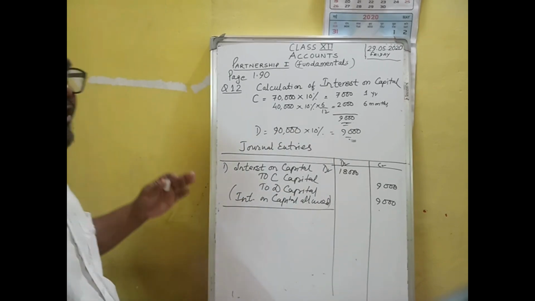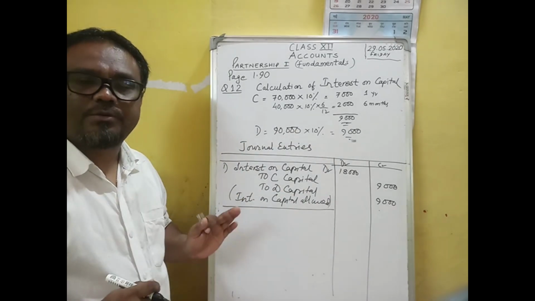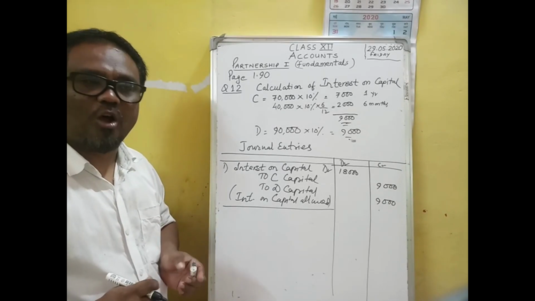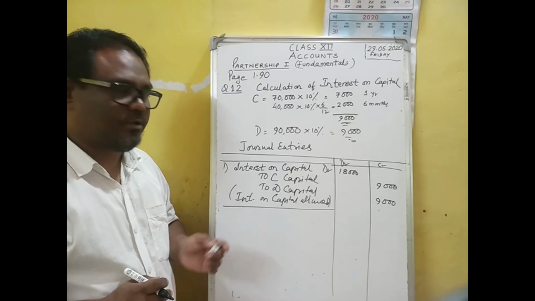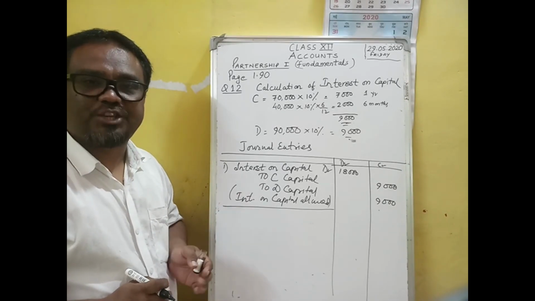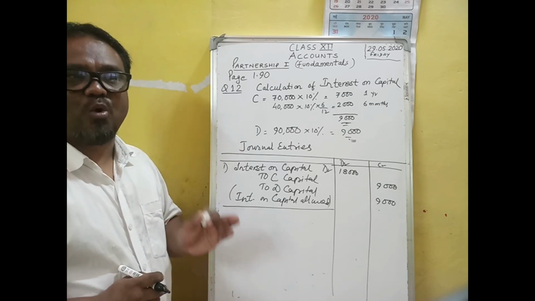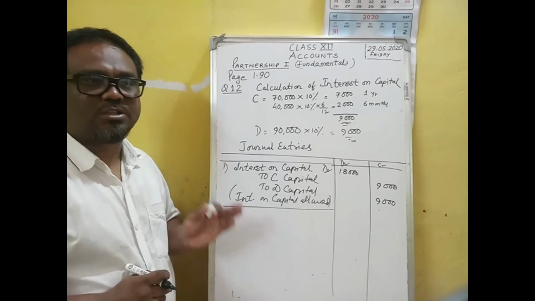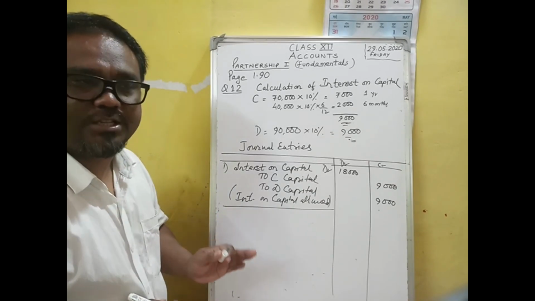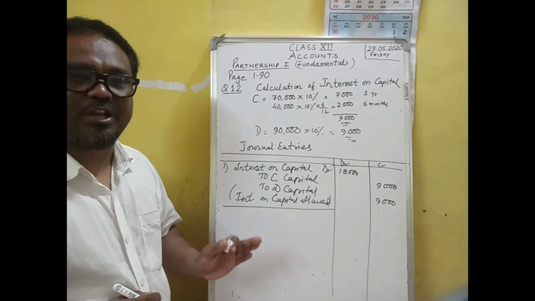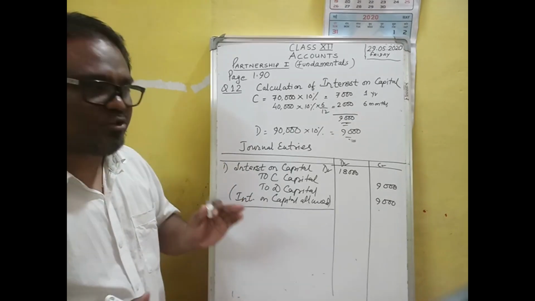First entry. And interest on capital is to be transferred to the profit and loss appropriation account. So interest on capital is an expense of the firm. The firm has to pay it to the partners. So it is an expense. So it is debited to the profit and loss appropriation account. The journal entry is profit and loss appropriation account debited to interest on capital.